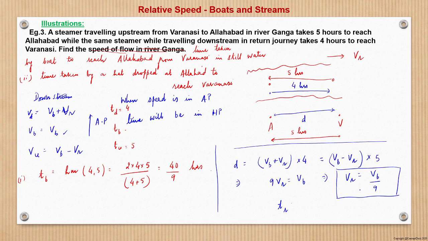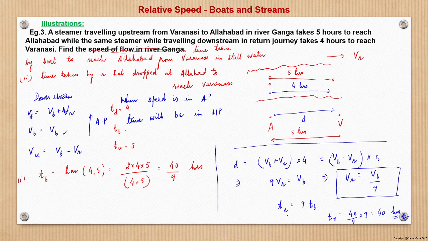So when the distance is same, time and velocity are inversely related. So when Vr is Vb by 9, we can say Tr will be nothing but 9 Tb, just the reverse, right? And Tb we know is 40 by 9. So Tr we can find as 40 by 9 into 9, which is 40 hours, right? This is the answer.